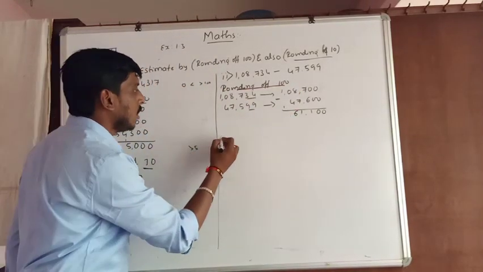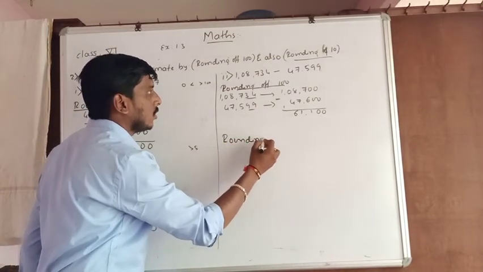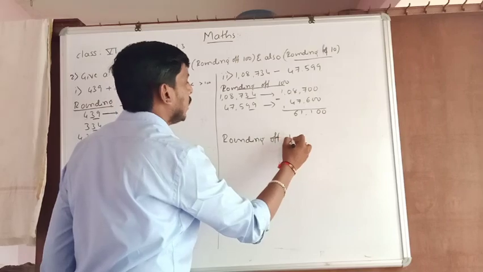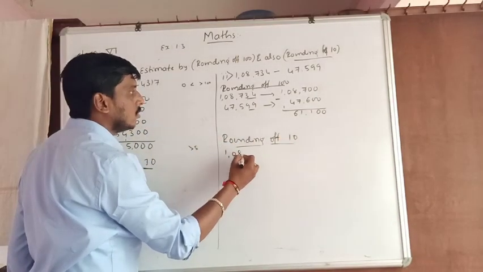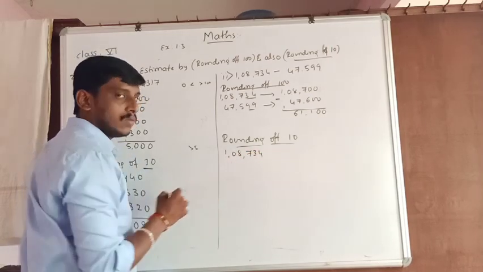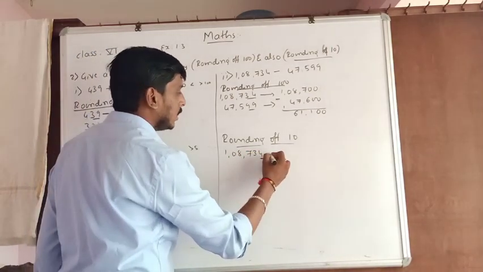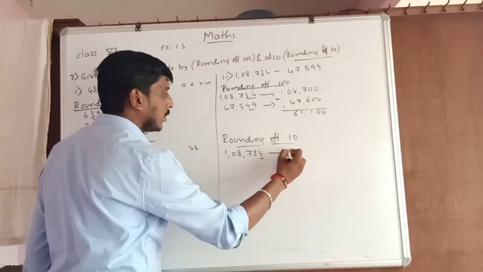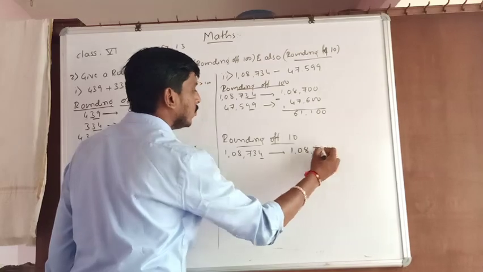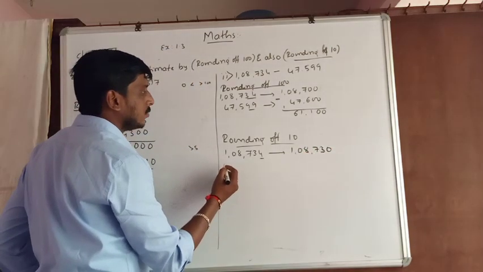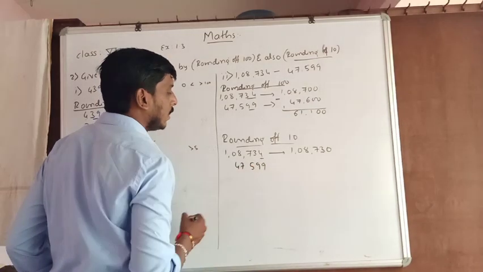Similarly, when it is rounding to tens, what will happen? Answer. 1,08,734: take only the single digit. 4 is less than 5, so it becomes 1,08,730 only. Next, 47,599.